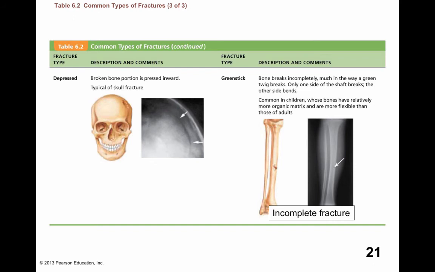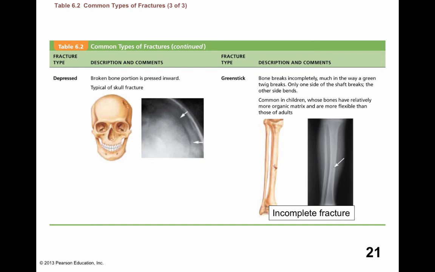Greenstick fractures are common in children. It's an incomplete fracture, so it's more like a hairline fracture. They call it this because if you think of a green twig when you're trying to break it, it doesn't break easily because it's very flexible.